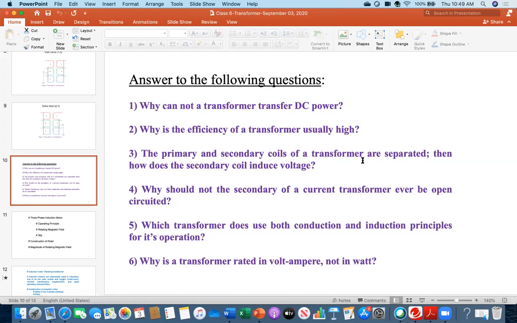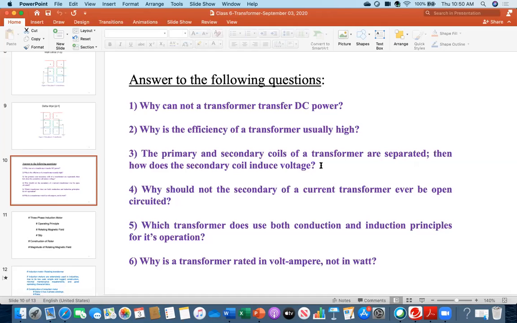Although primary and secondary coils are separated, those coils are placed on a magnetic core material. So that core material is getting magnetized, and that flux is changing, alternating, sinusoidal flux. Consequently, following Faraday's law of electromagnetic induction, voltage is getting induced in the secondary coil.